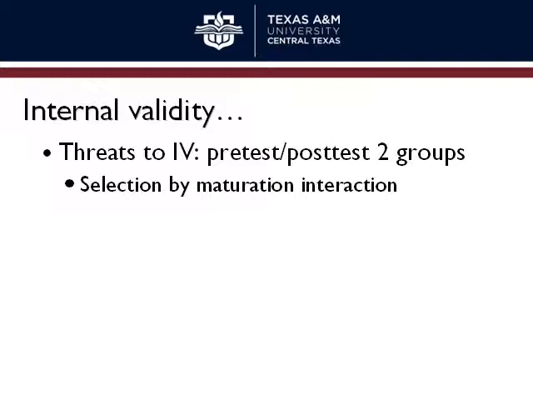So now the only problem we have is if the previously mentioned threats don't affect the groups equally. And primarily, there are two things here. One being a selection by maturation interaction, right? So maybe I made a little mistake here, and I didn't use random assignment for my two groups, right? And I was like, well, I'm going to be measuring both at pretest anyway, and maybe I've got existing groups. But I say, you know what? I think I've got the 44th Street firefighters and the 10th Street firefighters. I'm pretty sure they're the same.